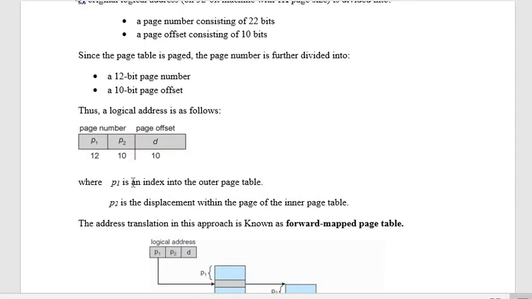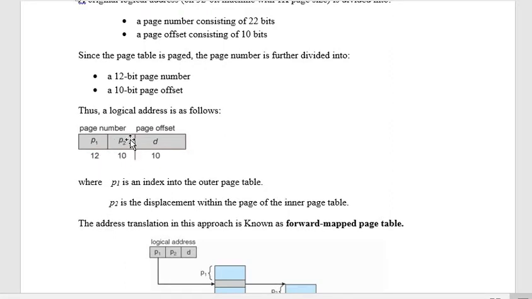So what is P1? P1 is an index to the outer page table, and P2 is the displacement within the page of the inner page table. Suppose these 12 bits represent the many entries in the outer table, where each entry has 2 to the power of 10 entries.